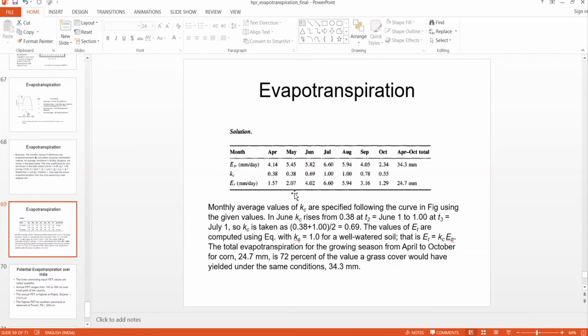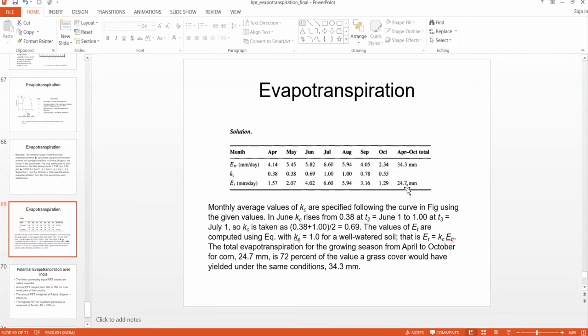Okay, so we can get actual evapotranspiration of corn in April is 1.57. This is nothing but multiplying 0.38 into 4.14. So we get 1.57. And for May we get 2.07 by multiplying 0.38 with 5.45. Similarly we'll get for all the months. Then we add together, we get 24.7 mm.